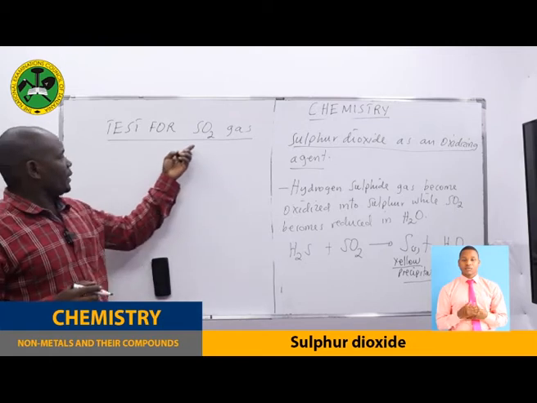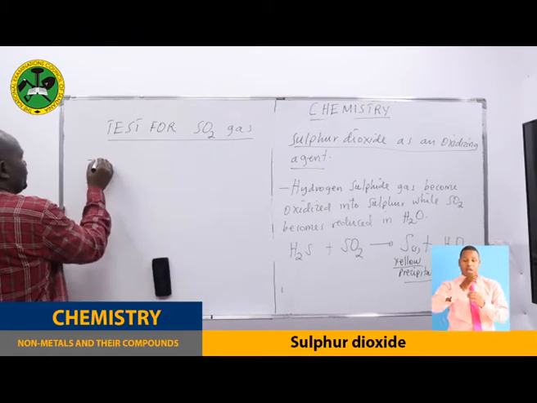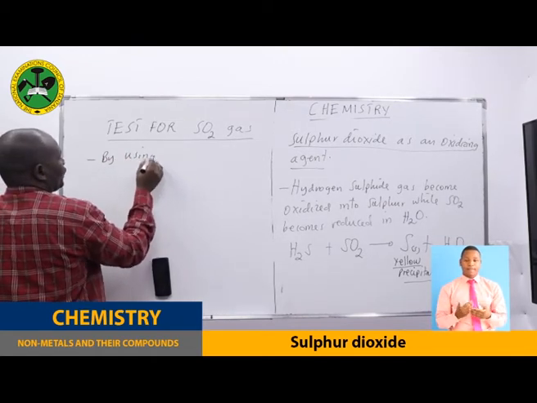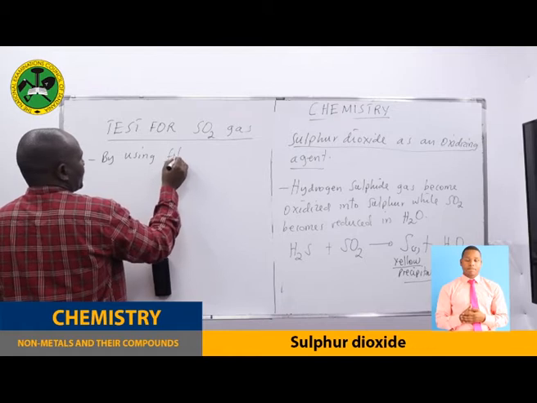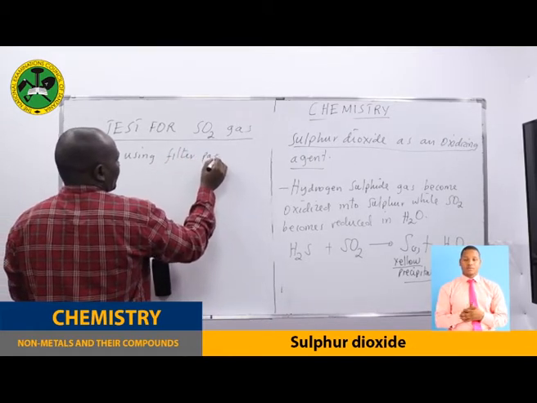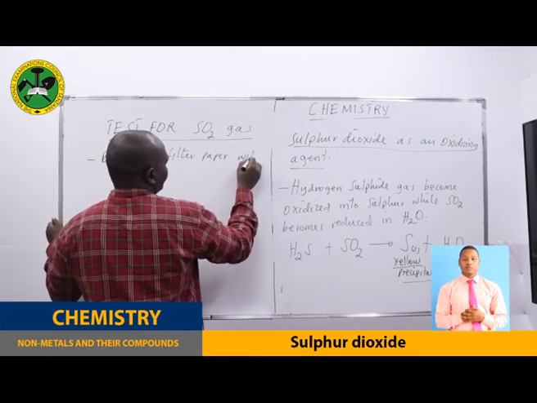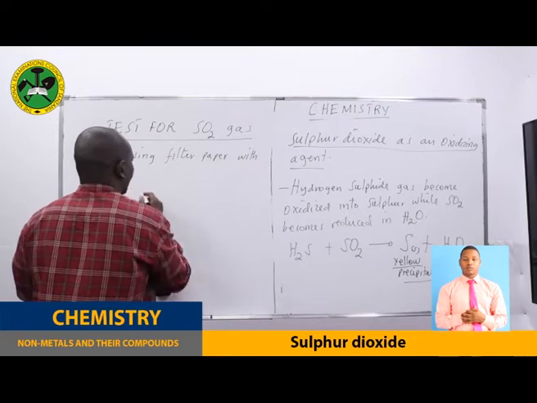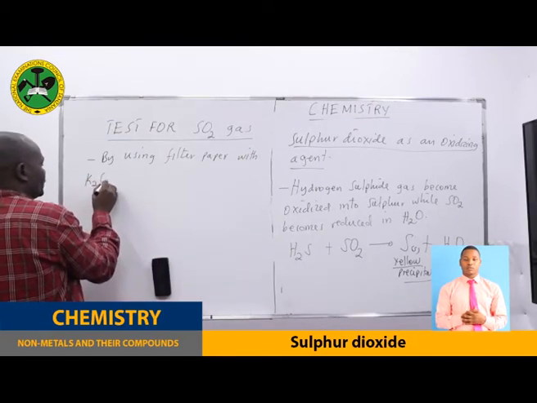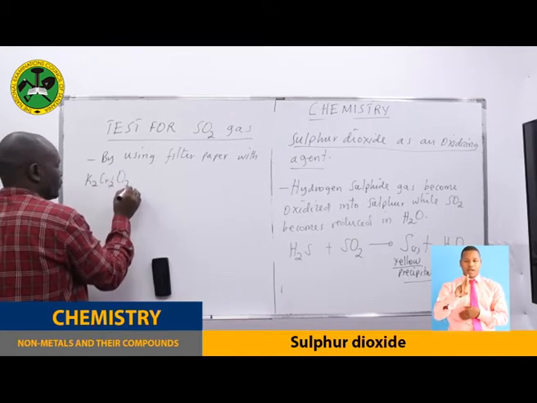The sulfur dioxide gas in the laboratory can be tested by using a filter paper with potassium dichromate.